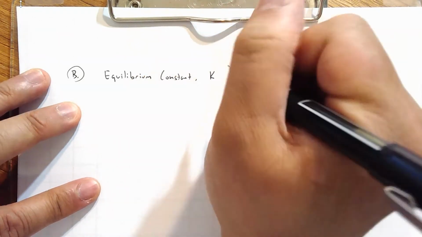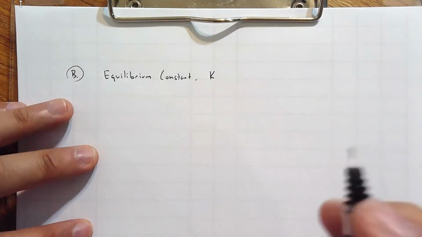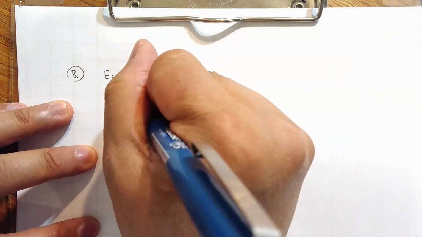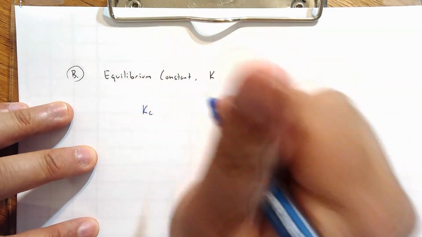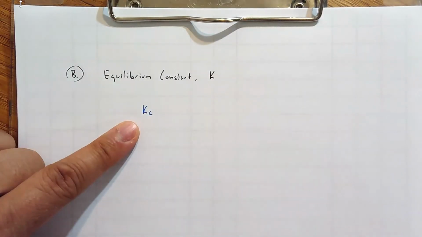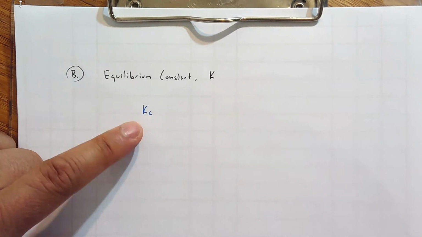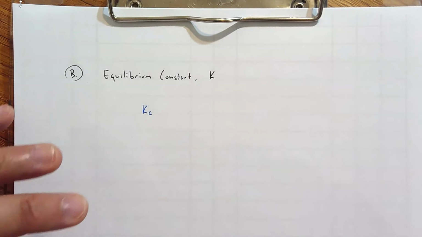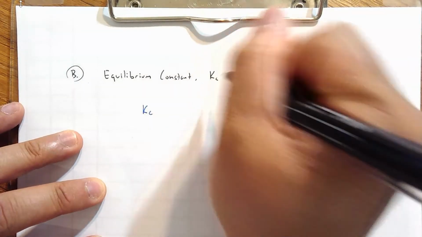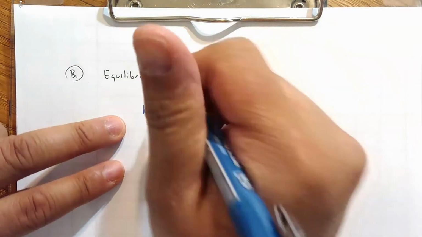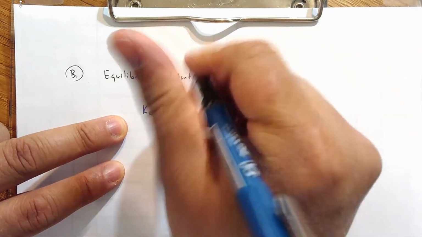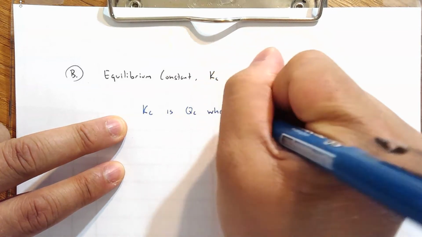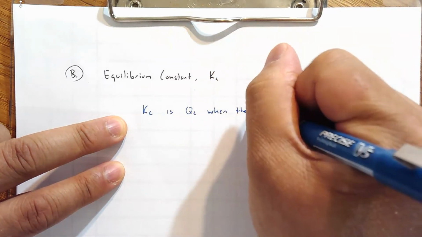Big K. Now, just like we had QC, you could have KC. And that is the K based off of concentration. I'll just put a KC there. KC is actually QC when the reaction is at equilibrium.